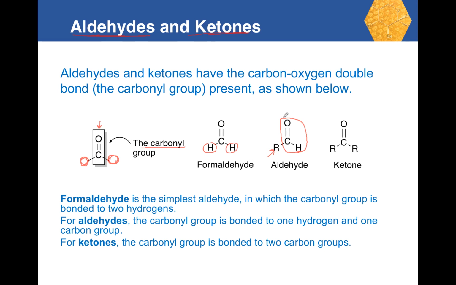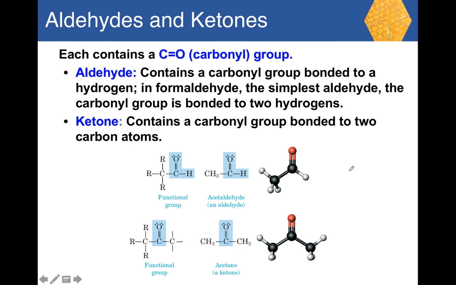So notice this entire group here is now the aldehyde. A ketone differs from an aldehyde because we have now replaced this hydrogen with an alkyl group. So a ketone has two alkyl groups that are bonded to the carbon of the carbon-oxygen double bond, and that's a ketone. Subtle difference, but they are two different functionalities.